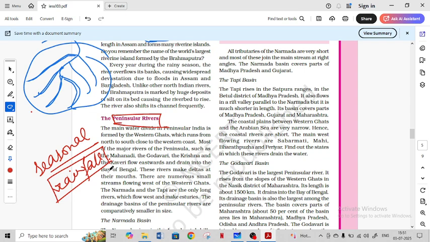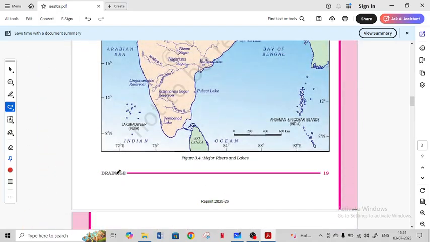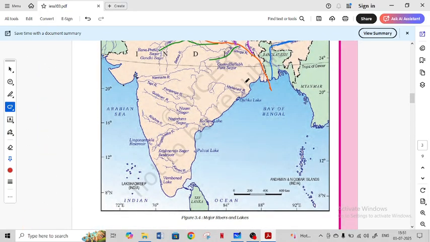Now, if you ask me whether the rivers Godavari, Kaveri, let's see what the peninsular rivers are. Let's look at the map. The main important rivers of peninsular India are Mahanadi, Godavari, Krishna, Kaveri. So the question is, are these rivers dry during summer? No, they are not.